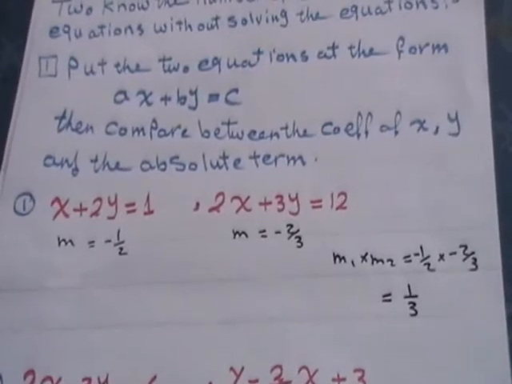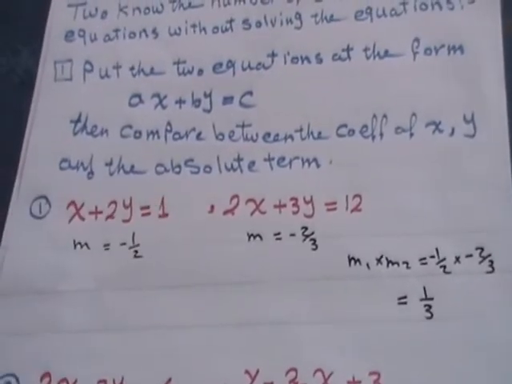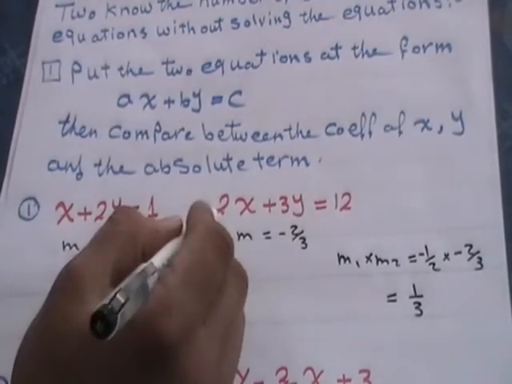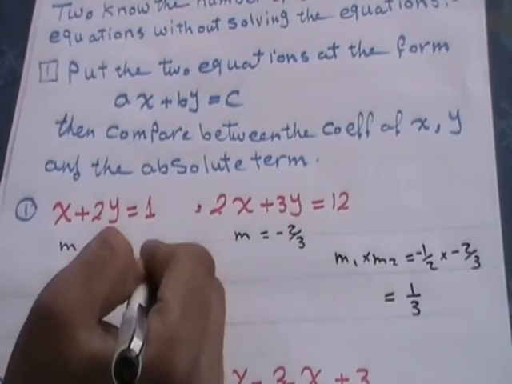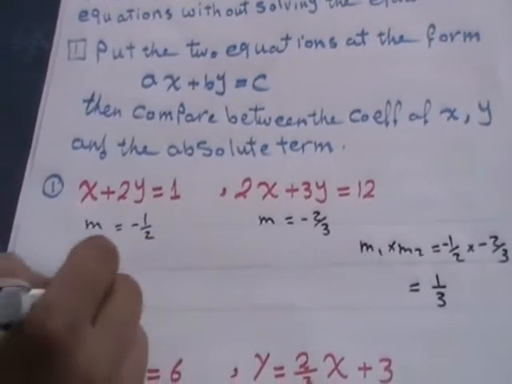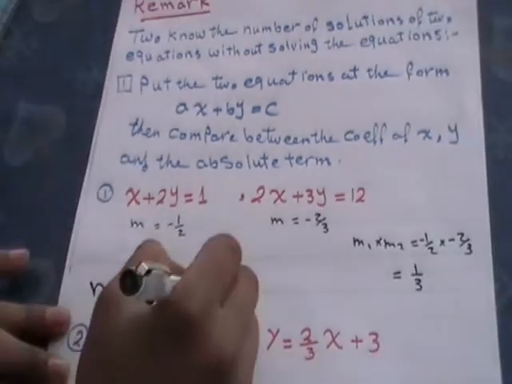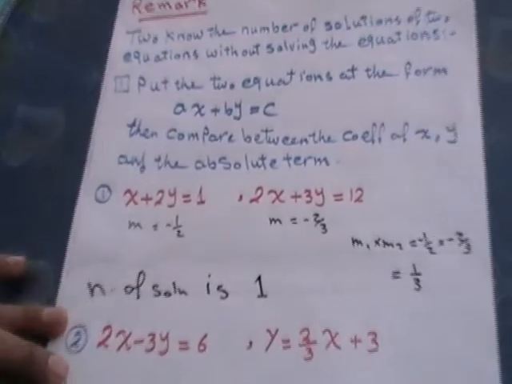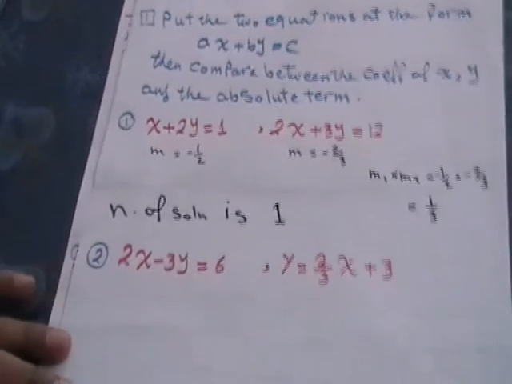So if the coefficients of x and y are not equal, or not multiples of each other, the two straight lines are intersecting. So the number of solutions is 1.